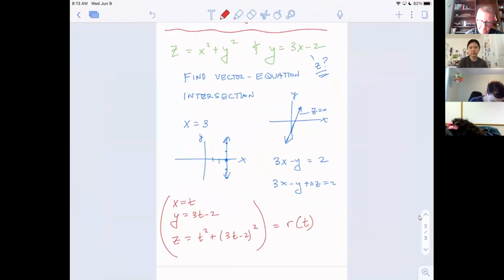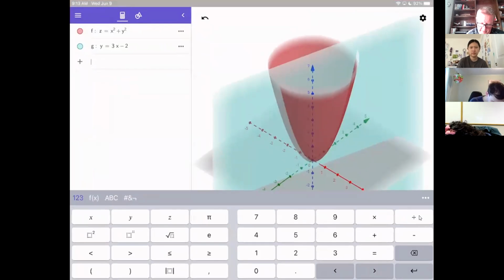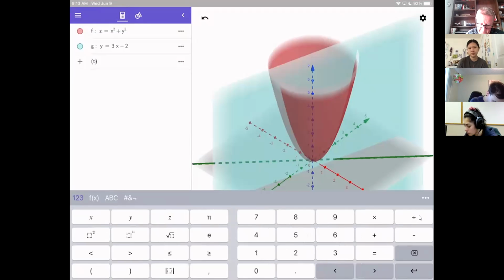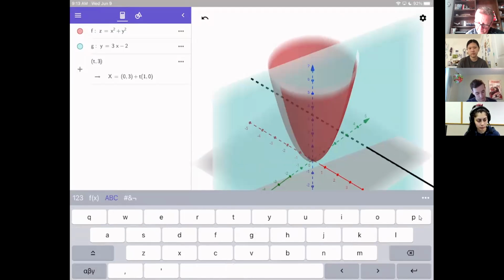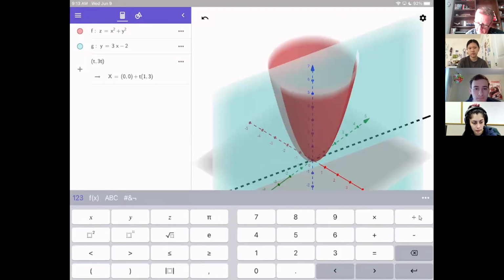What are you doing? So if I say, I think in parentheses, I can just say x was t. And y was 3t minus 2. It's so much more tedious in this world than it is on your computer where you can type.